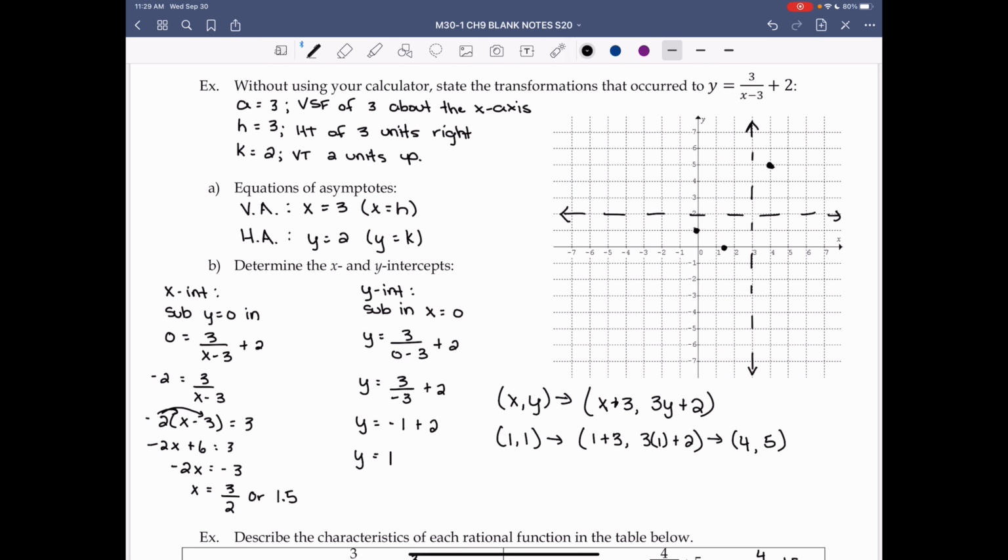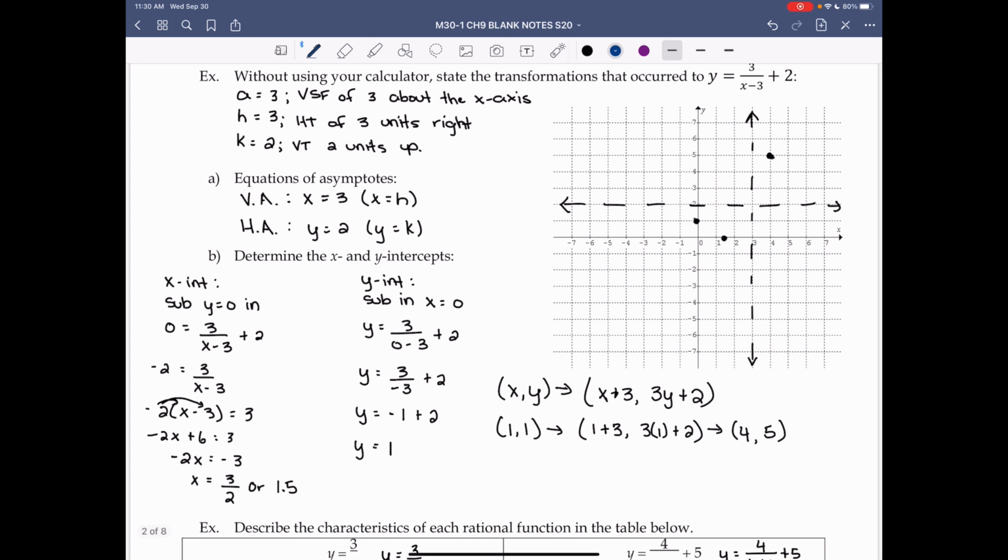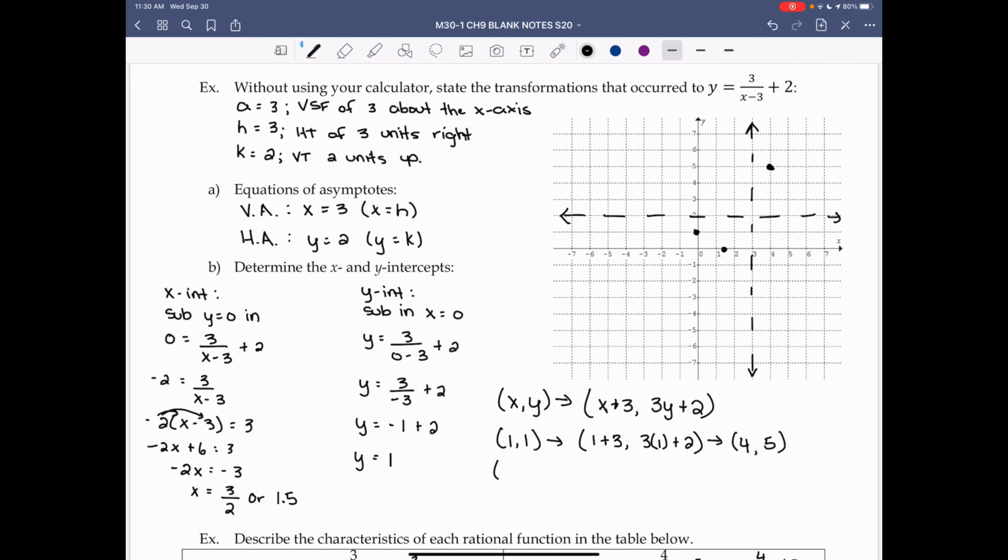And then we could do the point negative 1, negative 1, which was on our original function here. Let's transform that point using mapping notation. Negative 1, negative 1. Negative 1 plus 3. 3 times negative 1 plus 2.